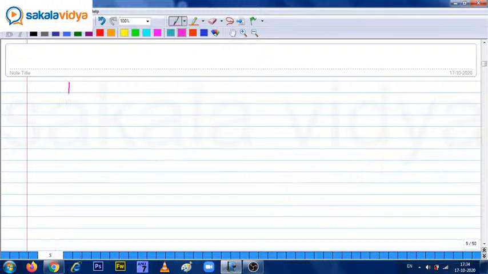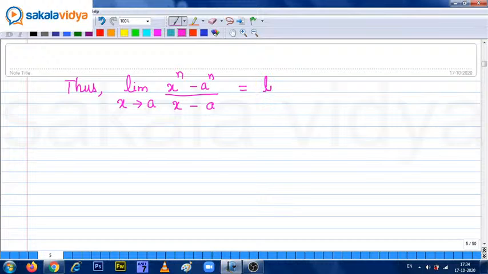Thus the limit x tends to a of (x to the power of n minus a to the power of n) upon (x minus a) is equal to, in the place of n, p by q: the limit x tends to a of (x to the power of p by q minus a to the power of p by q) upon (x minus a).